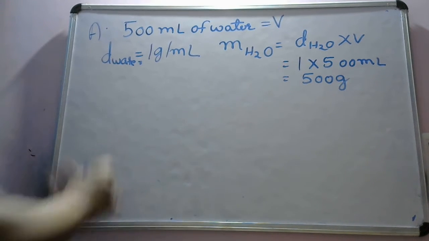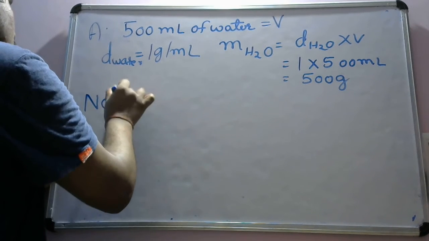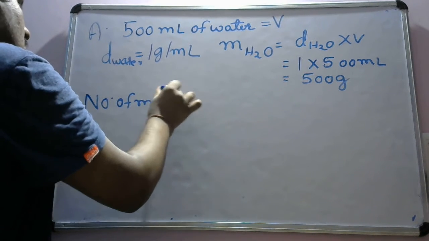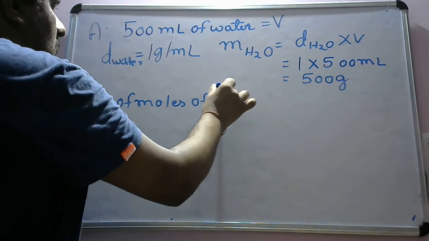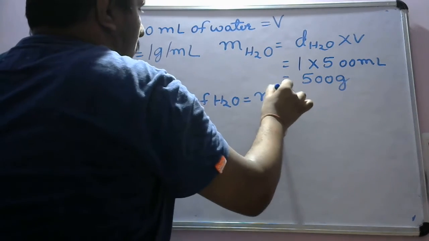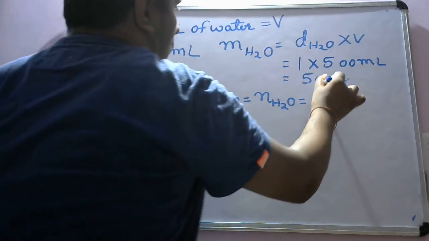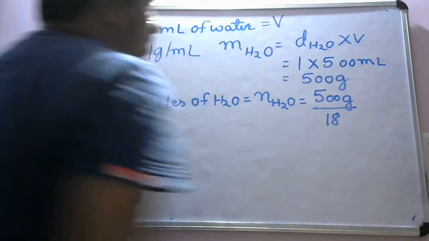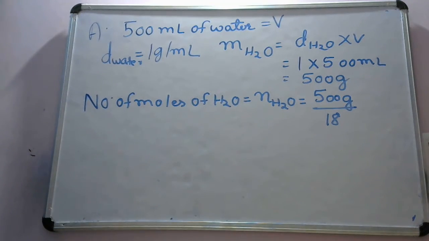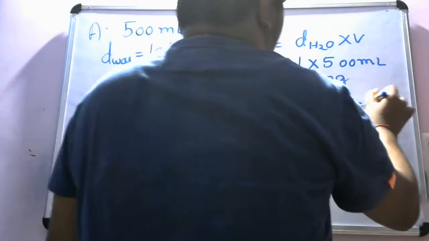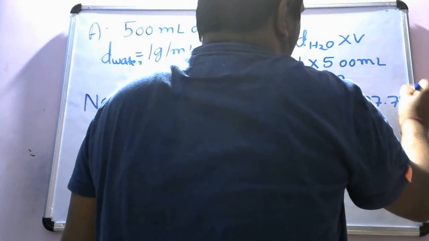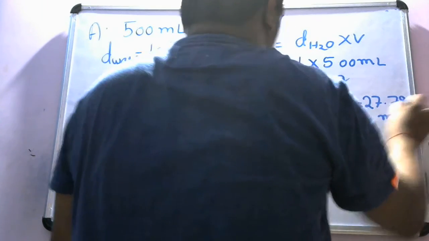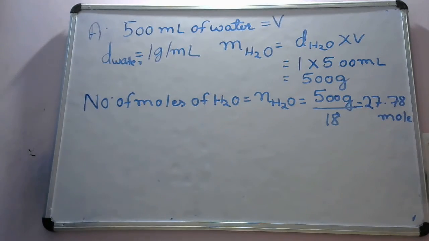Now we will find the number of moles of water: given mass, that is 500 grams, by molar mass. So you will get 27.78 mole. So we got our number of moles of water.